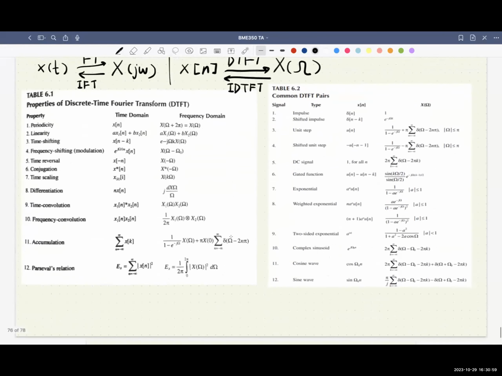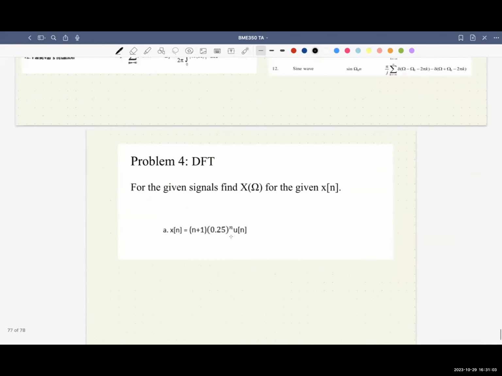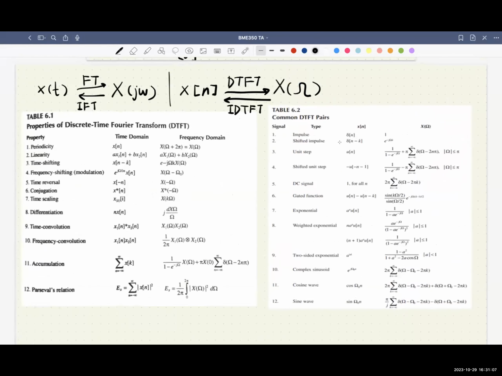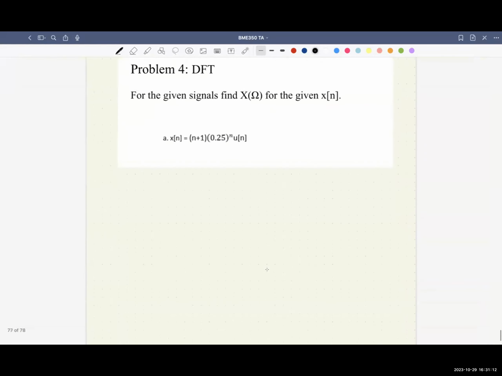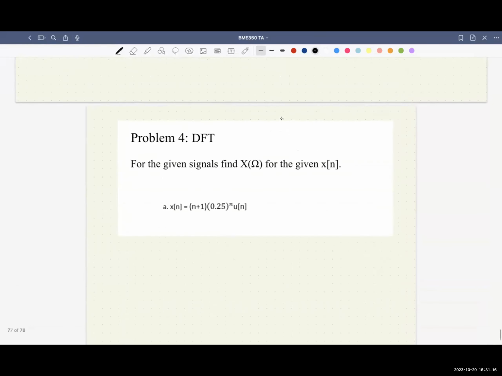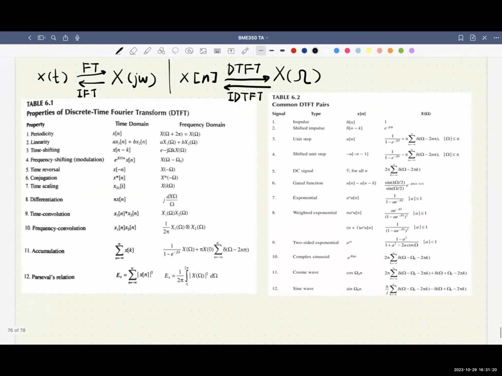Time shifting. Actually, thank you for your answer. Let's look at the pairs. I think the pairs will fit better in this situation. So we have x[n] = (n+1) times 0.25 to the power of n times u[n].